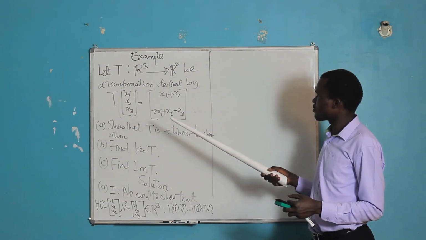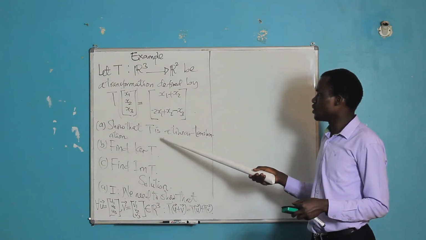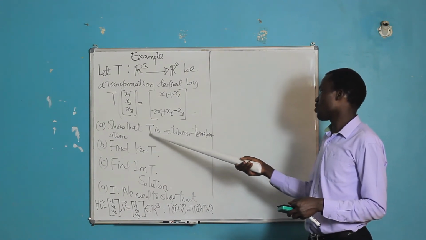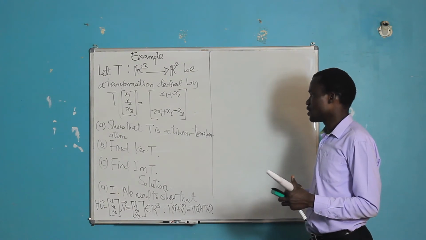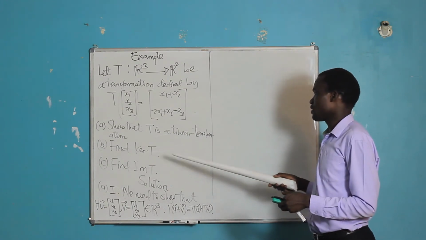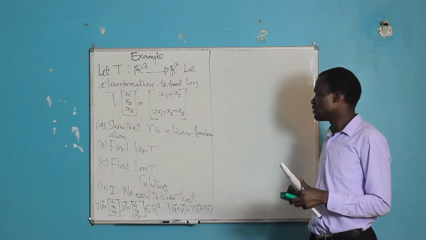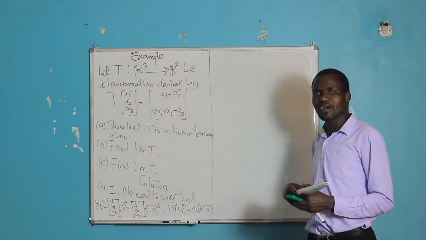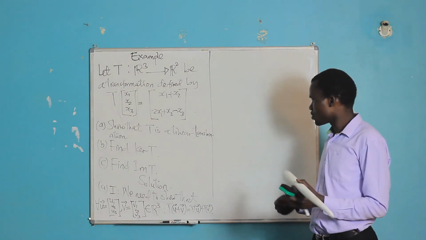So A, we are asked to show that T is a linear transformation. B, we are asked to find the kernel of T. And lastly, C, we are asked to find the image of T.